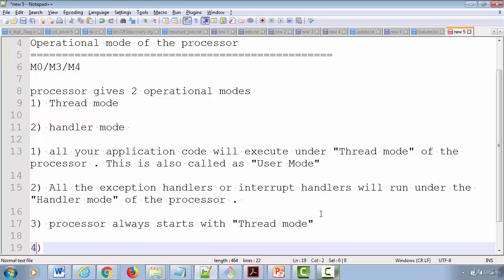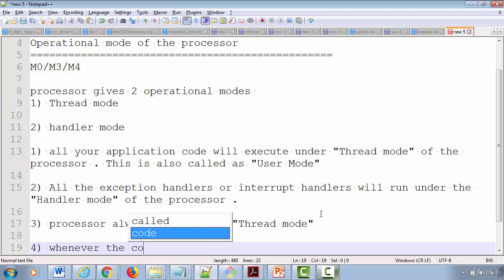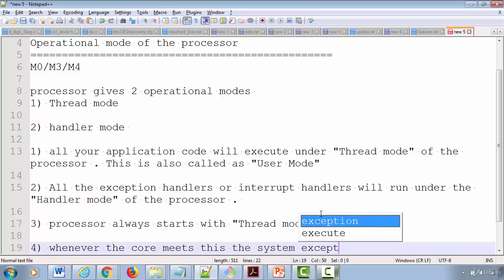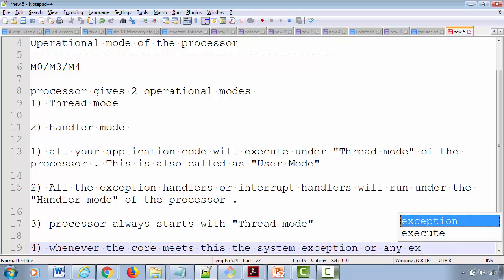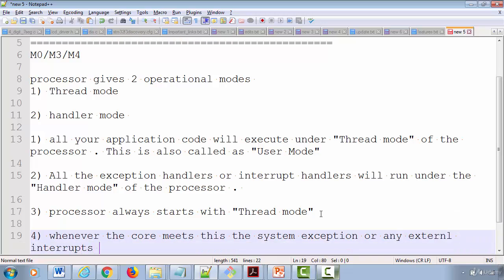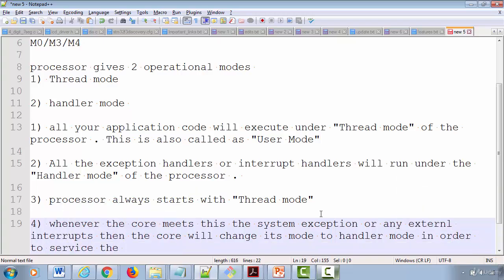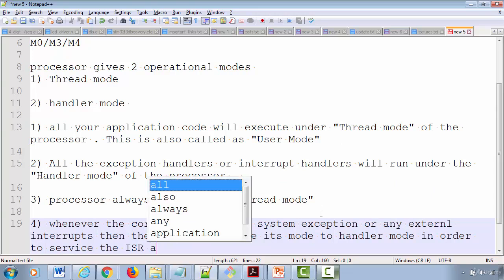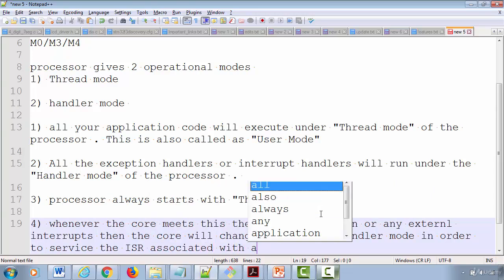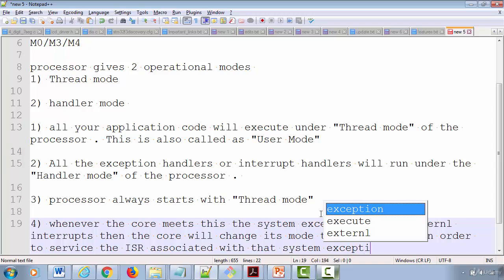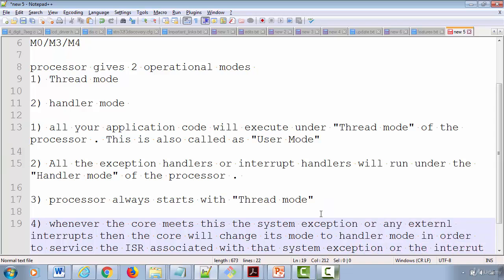And whenever the core meets with a system exception or any external interrupt, then the core will change its mode to handler mode in order to service the interrupt service routine associated with that system exception or the interrupt.